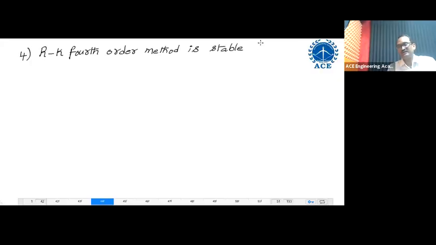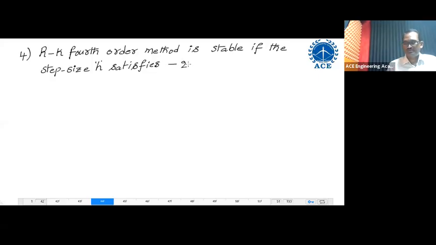Stable means reliable for correct answers, if the step size h satisfies minus 2.78 less than h into dou f by dou y less than 0.